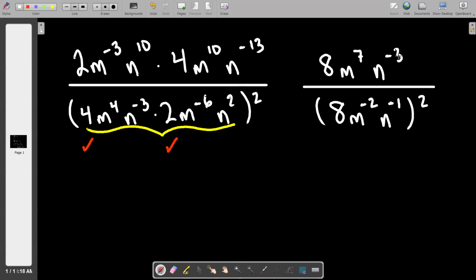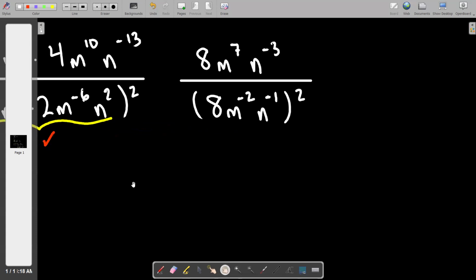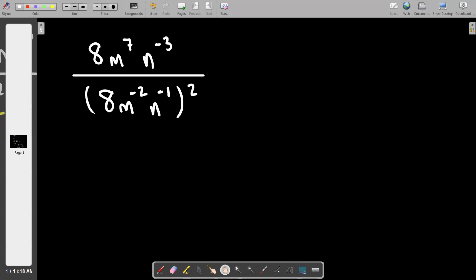So we're going to take the power of 2 on the bottom and we're going to shoot it through the 3 entities, the 8, the m, the n. So our next line is going to be another fraction. The top you're just going to leave alone, so you can just copy it over. So we got 8 m to the 7th n to the negative 3.